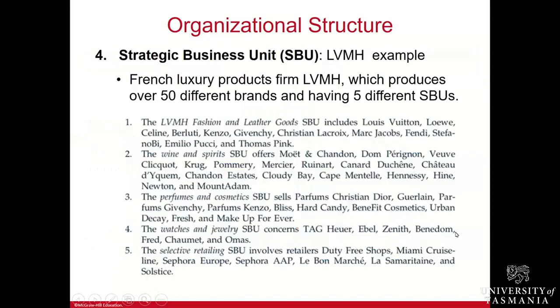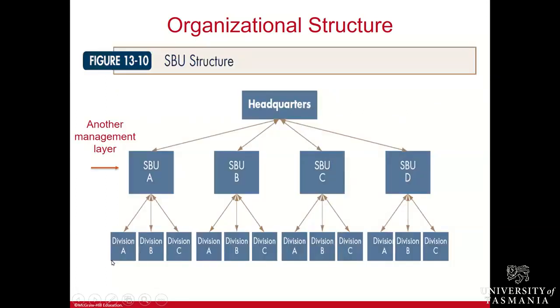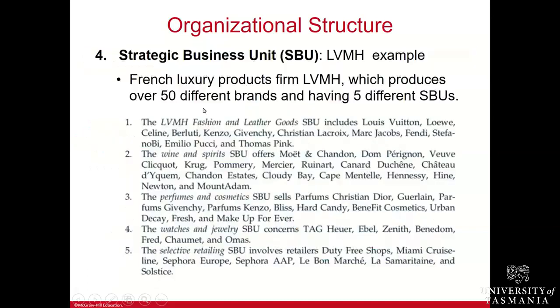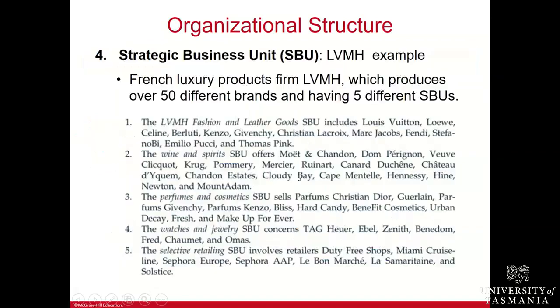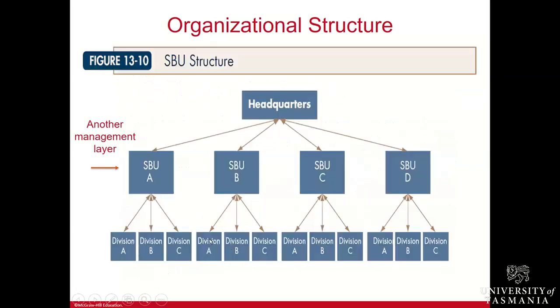I don't know exactly, but I assume that because these are all brands, like Louis Vuitton, which is all over the world. That's why I believe they have divisions like Asia, Europe, and America, because they are mostly serving one identical product all over the world. For wine and spirits, I can say the same thing. They have Dom Perignon, Champagne, and it can fit here.